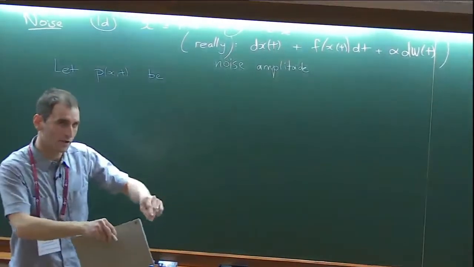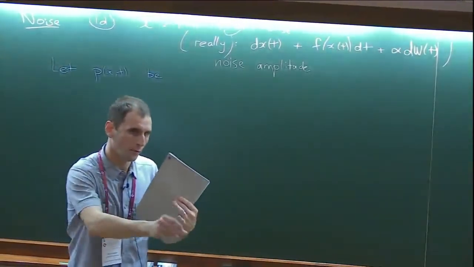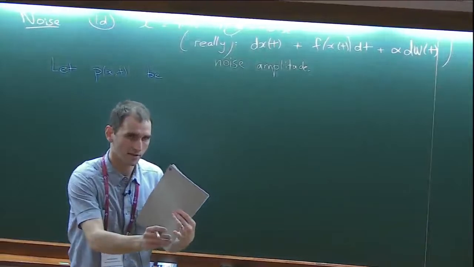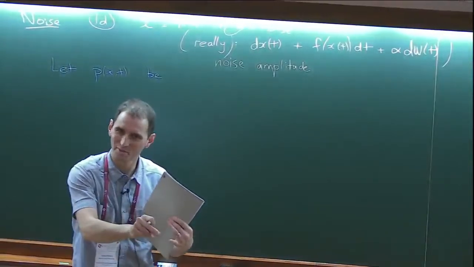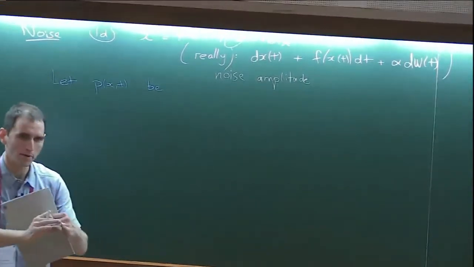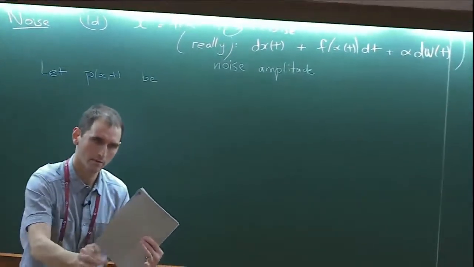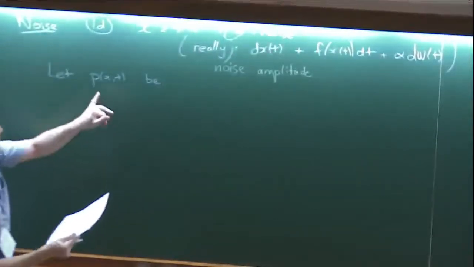If we choose some initial condition and solve, because we've got noise, the point that we get to after some time t is not deterministic. It's a random variable. So there'll be some probability distribution associated with where we go.